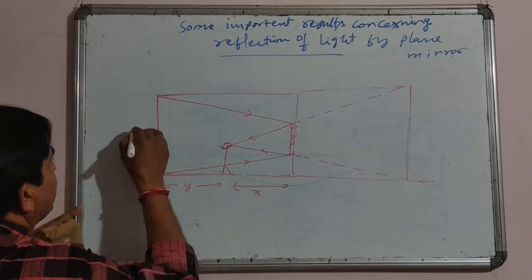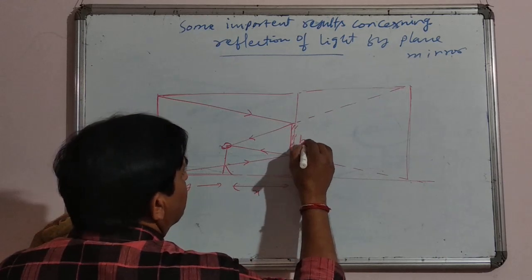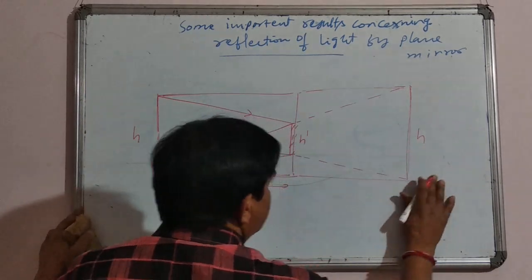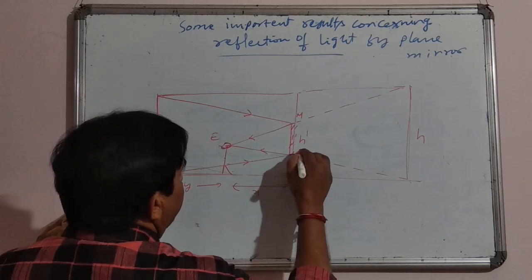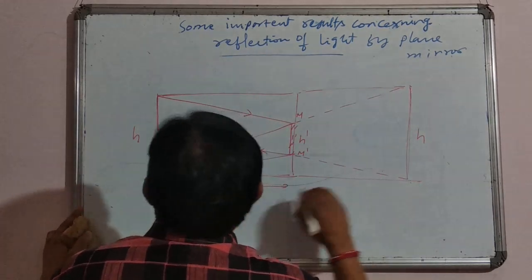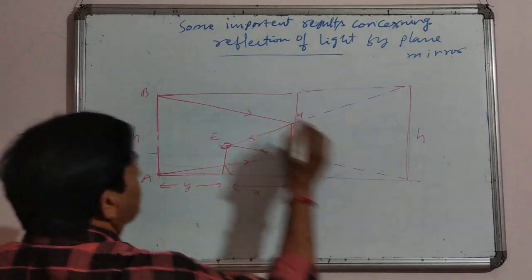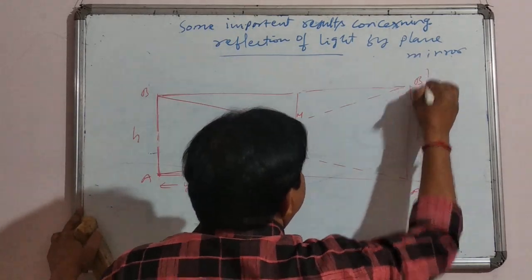This is H, this is H dash, this is also H. Now this is the eye position, M dash, A, B, A dash, B dash.